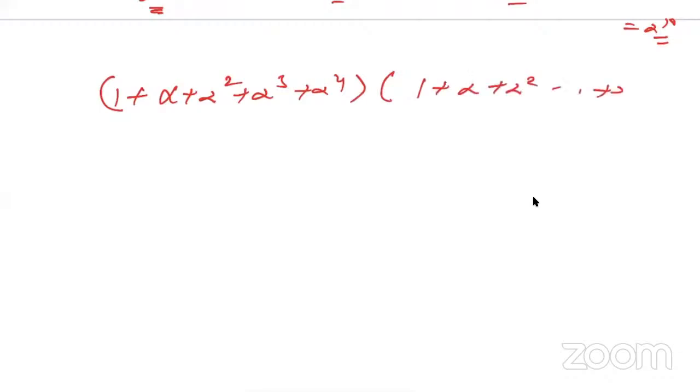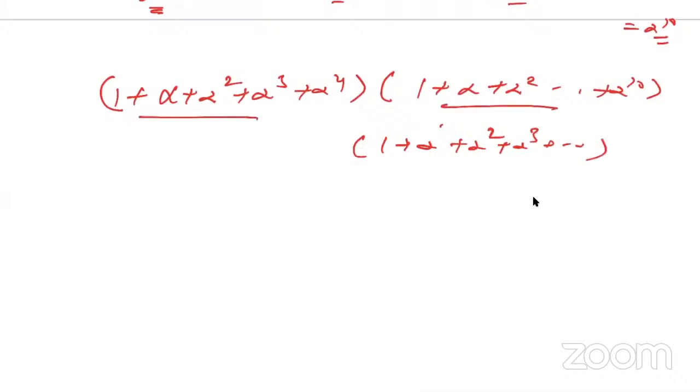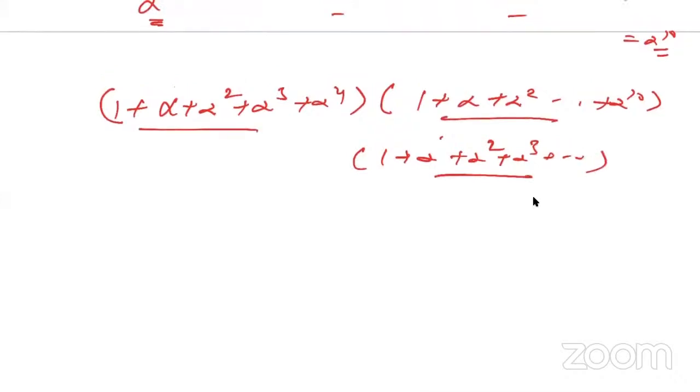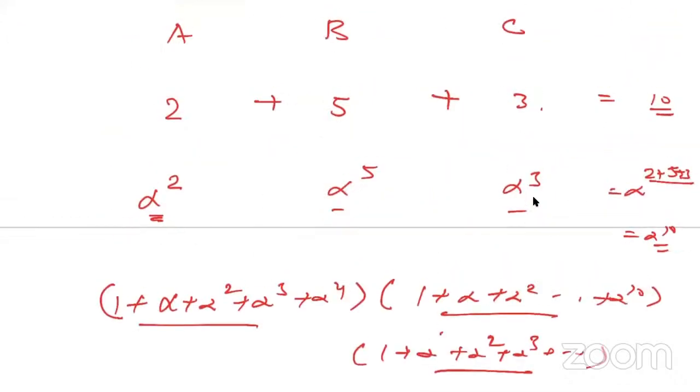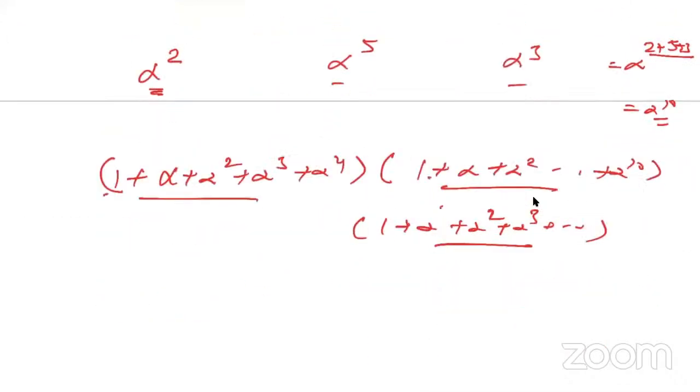With the help of binomial, it will always be easy. If I'm multiplying a few of them, and I need alpha to the power 10 or something, every time I have to multiply with 1, 1 and something.